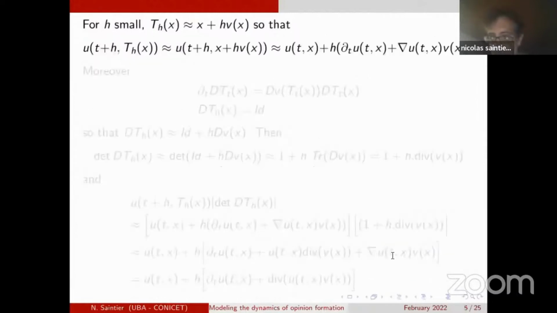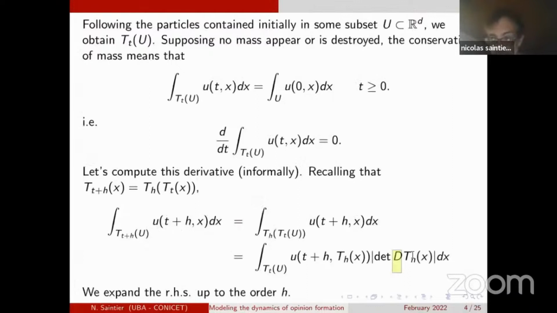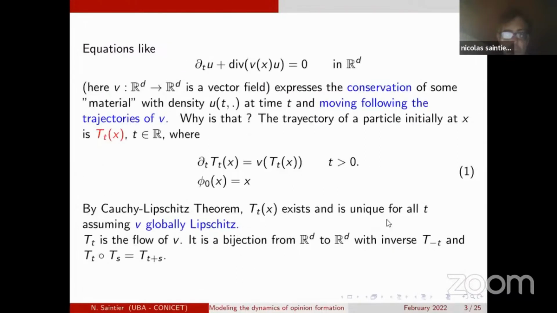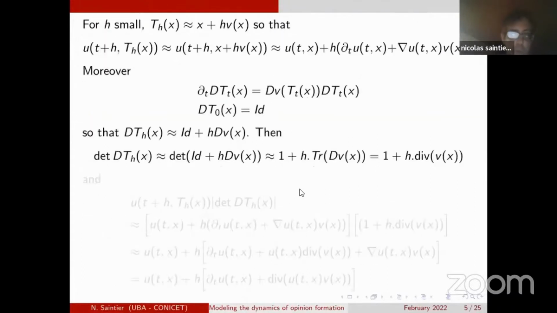So I just need to understand this differential here, right? So we could come back to the definition of Φh of x, which was given through this equation here, and differentiate it with respect to x in this equation. That way we would get this equation, and from that we get this expansion for the differential of Φh, which is the identity at h equals 0. It's normal because Φ0 is the identity, and the differential of the identity is the identity plus a small increment h.